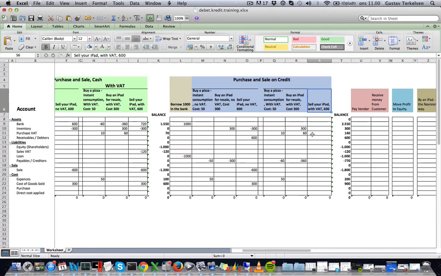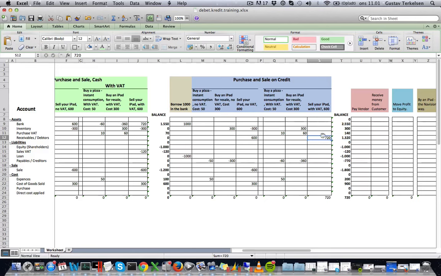And this means that the customer now commits to paying us for the iPad, but also for the VAT that we have to pay to the tax authorities. So 20% of 600 is 120. So we have to charge him a total of 720, which we will book here in our assets.